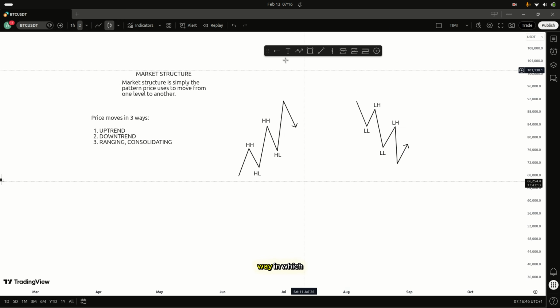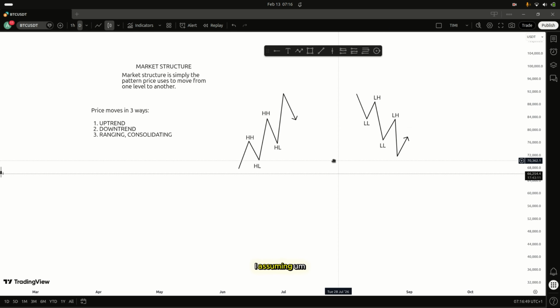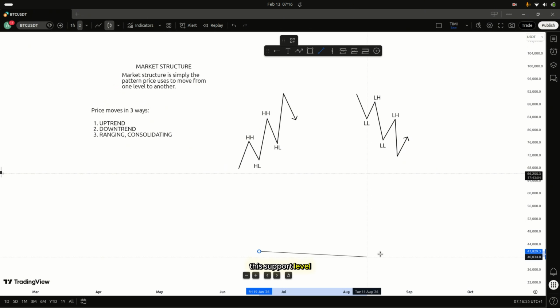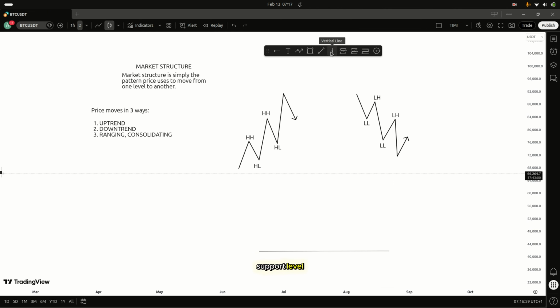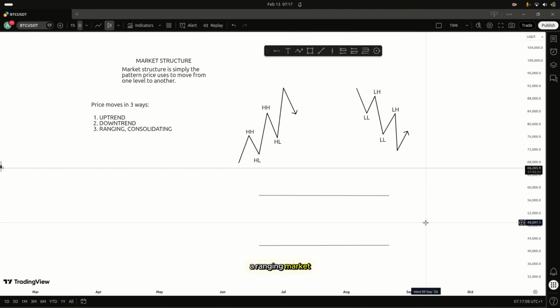So the last way in which price moves, assuming we have this support level here, and we also have this resistance level right here, just so you grasp what a ranging market is.